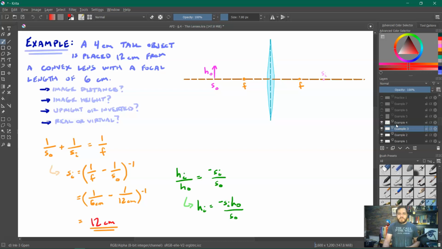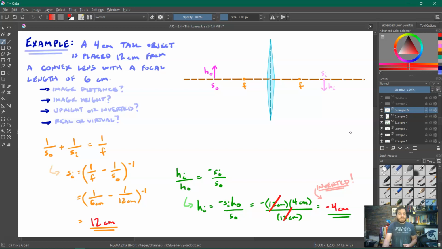Now, to figure out the image height, we use the magnification equation. We solve for image height, so we're going to multiply that object height across and just stick in numbers again. And we're going to get minus 12 centimeters times 4 centimeters over 12 centimeters. Well, these are going to cancel. And so we will get an image height of negative 4 centimeters. So it's going to be downward this way. In fact, it will be inverted because it is a negative sign.